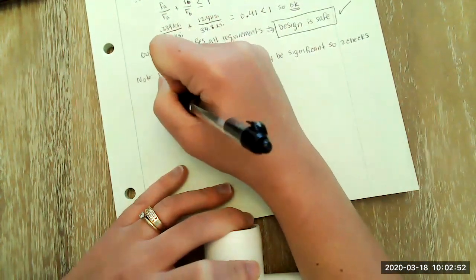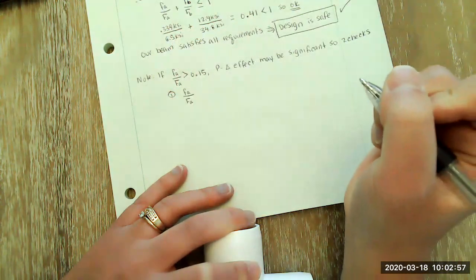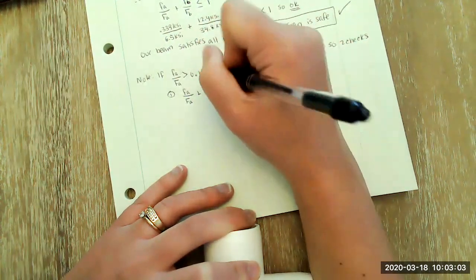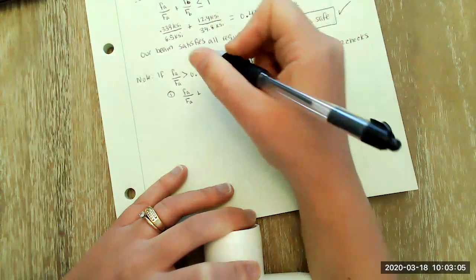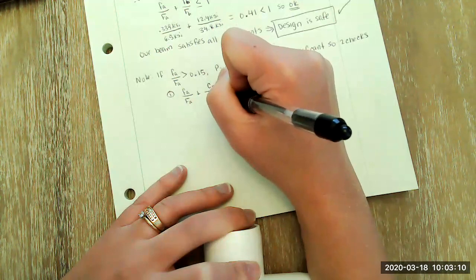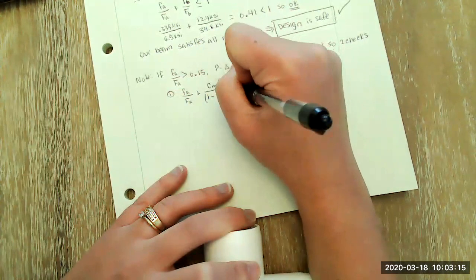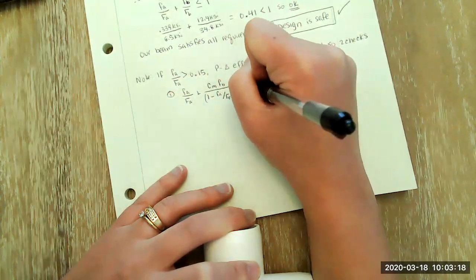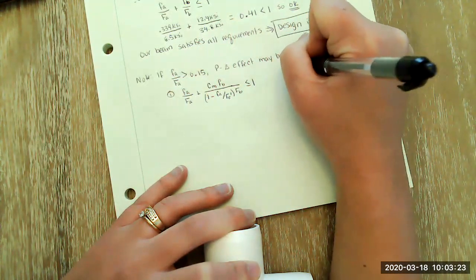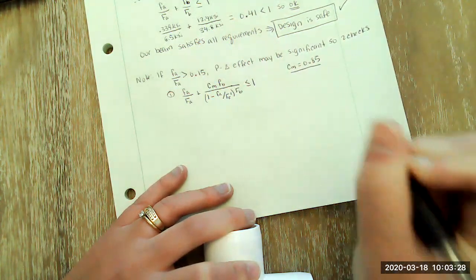The first is that the ratio of your actual to allowable axial stresses plus a coefficient C sub m times your actual bending stress divided by 1 minus F sub a over F e prime times F sub b is less than or equal to 1, where here we have C sub m is equal to 0.85. Always, that's a coefficient.